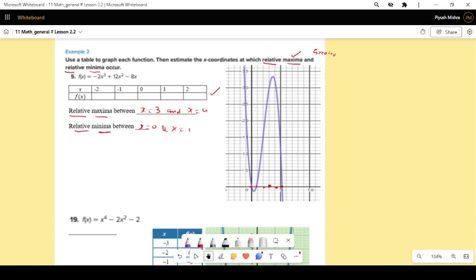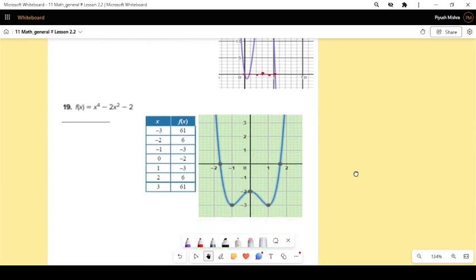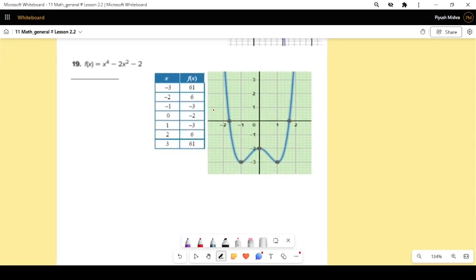Question number 19, again you have to do the same thing. This time I am doing extra also: firstly I will find where the zeros are. Zeros means when it is intersecting the x-axis.